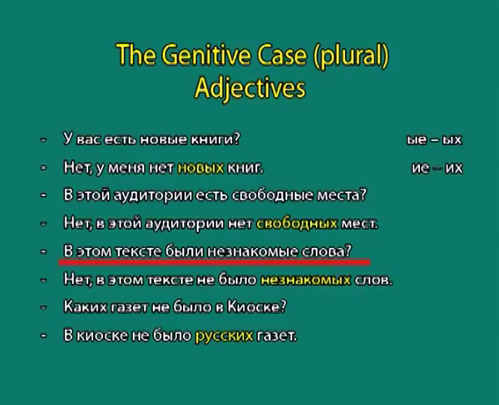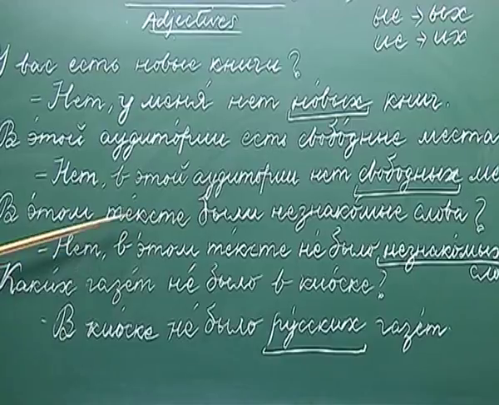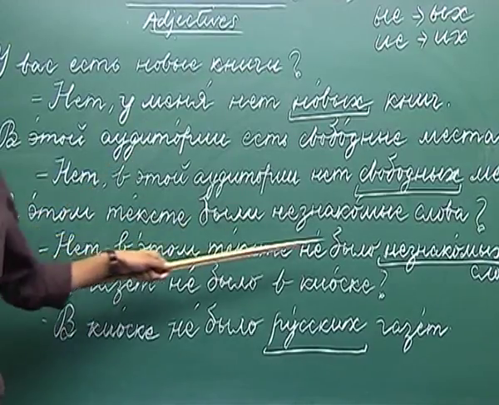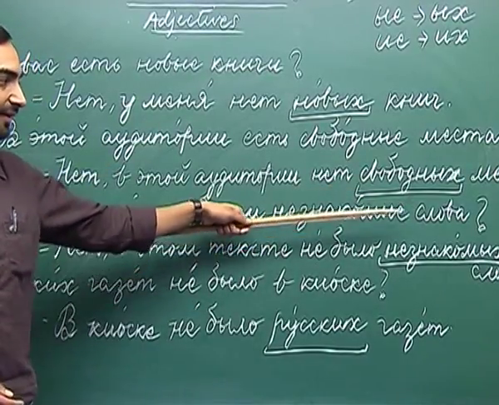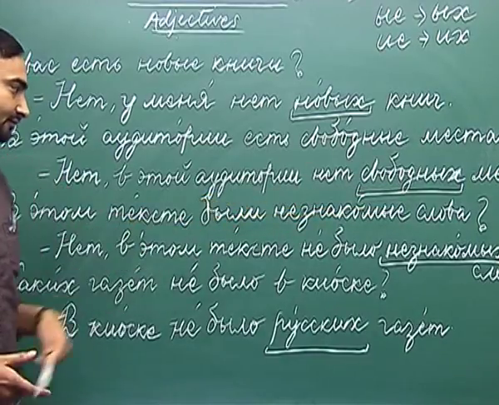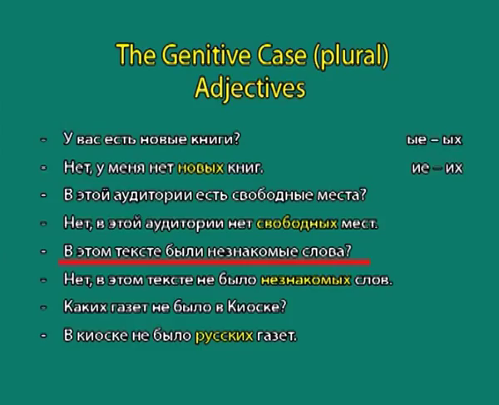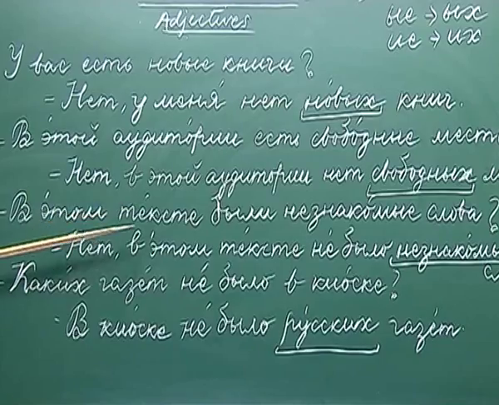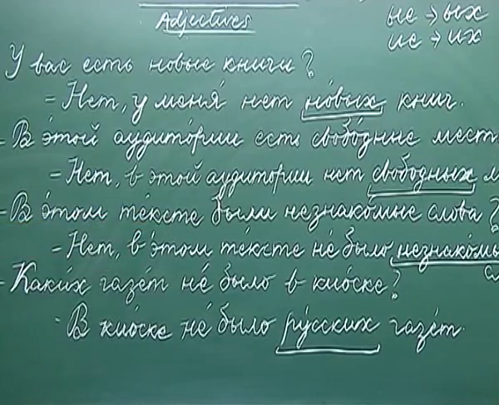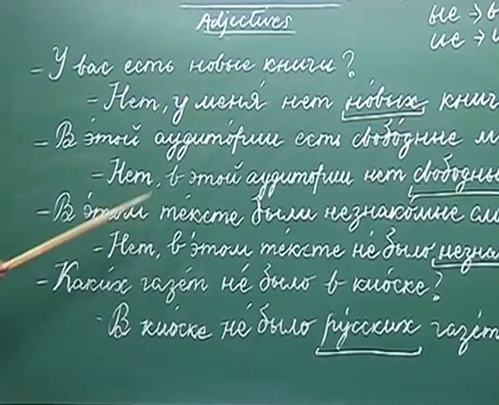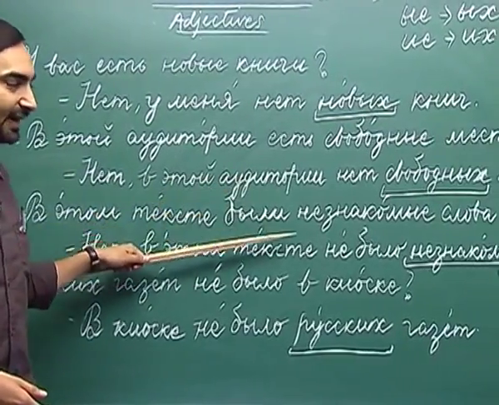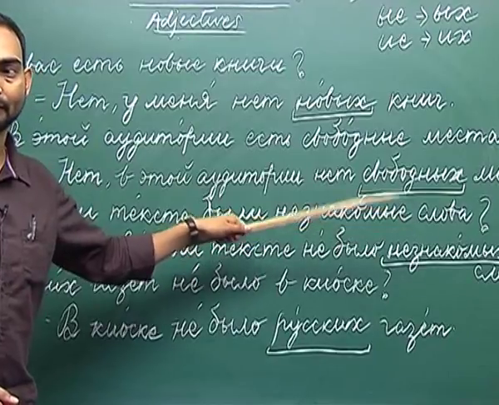Next question. В этом тексте были незнакомые слова. Незнакомые слова, unknown words. Were there unknown words in this text? Let's try to answer this question in affirmative. Да, в этом тексте были незнакомые слова.